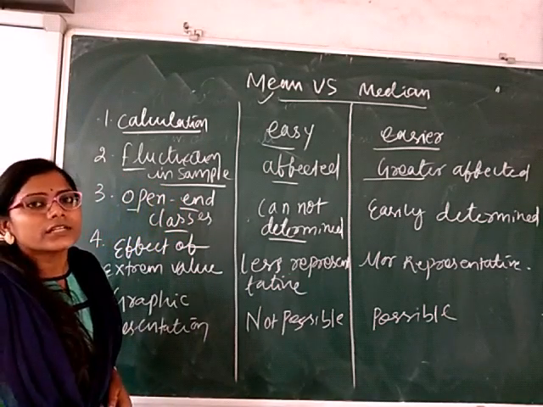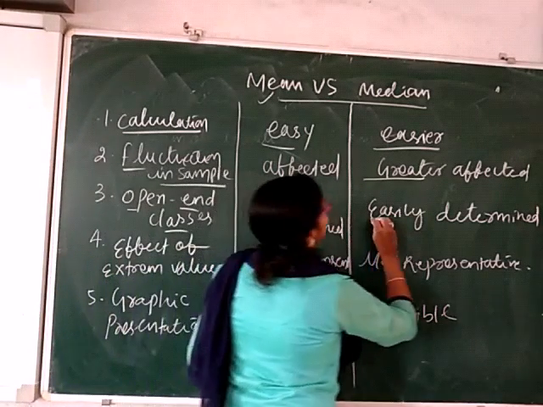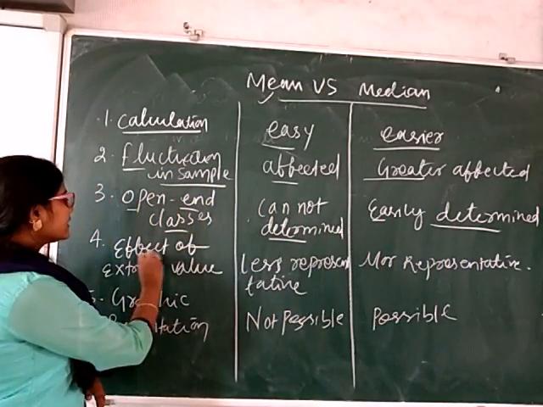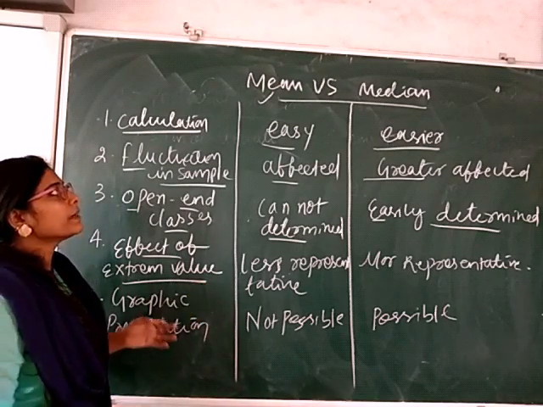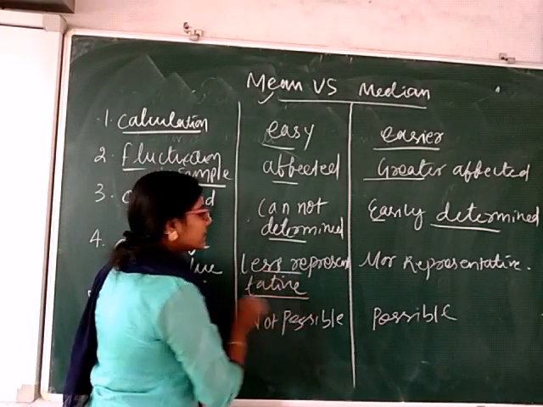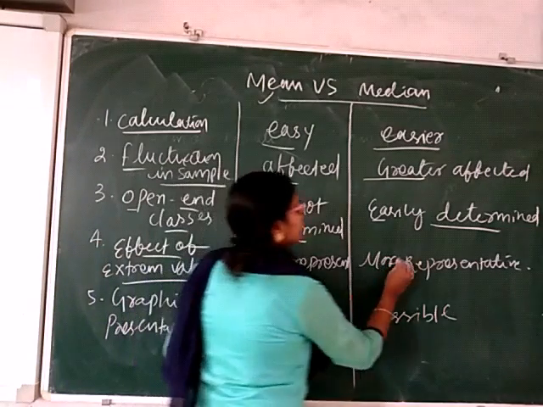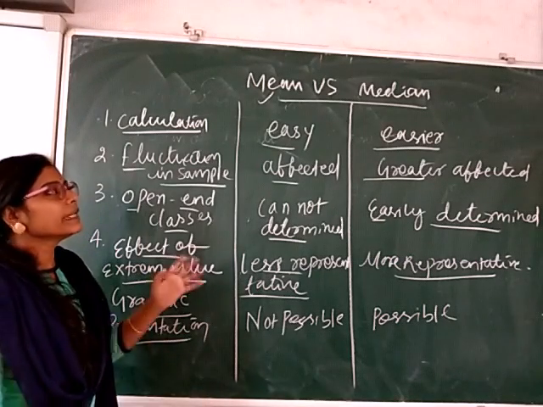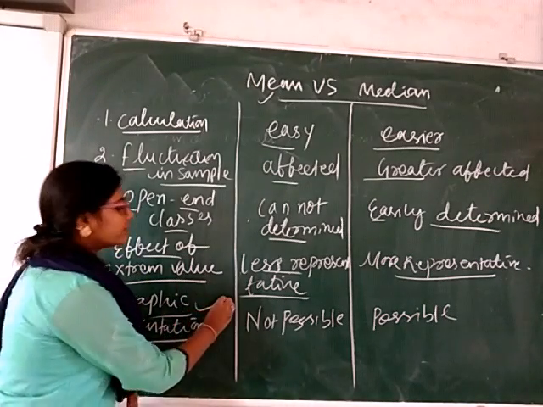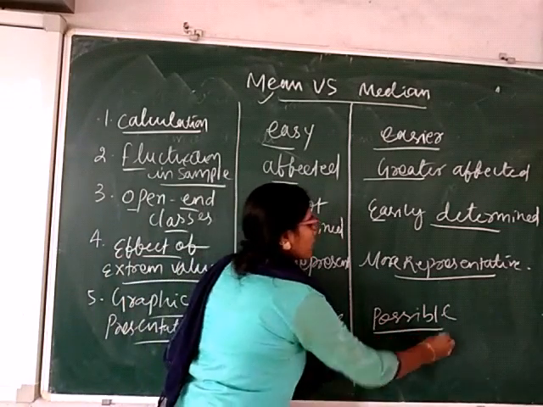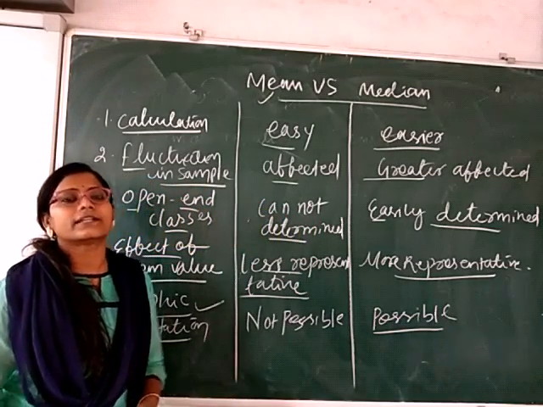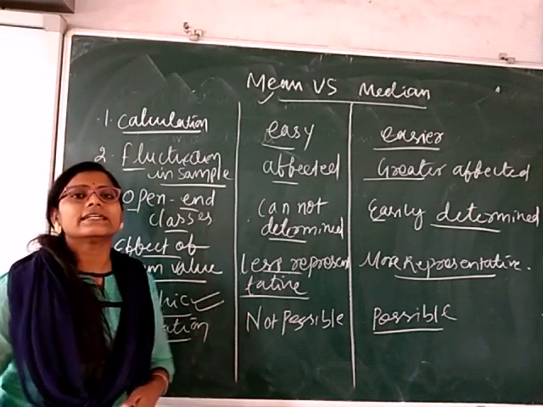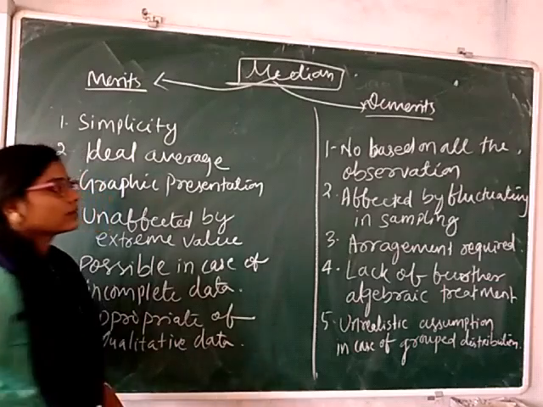That means it is difficult to determine the mean, but the median is easily determined. Next is the effect of extreme values. The mean is less representative, but the median is more representative. And the last is graphic presentation. The mean cannot be presented in graphical form, but the median can, that means the median can be determined using a graphical method. So this is basically the difference between mean and median.